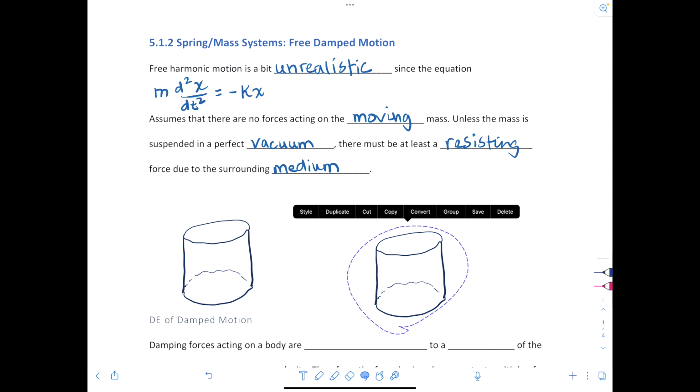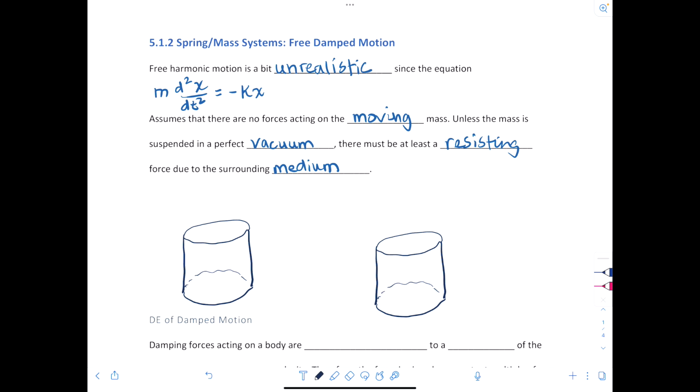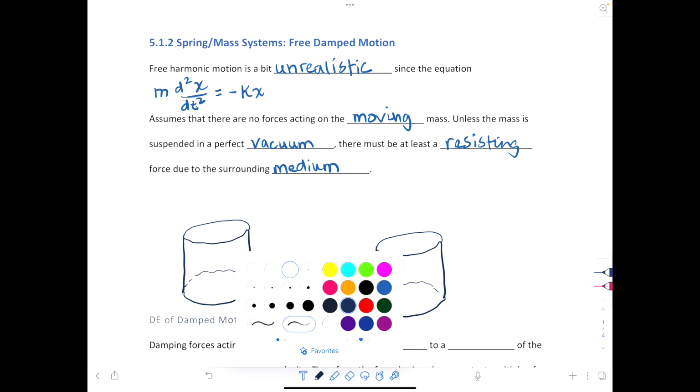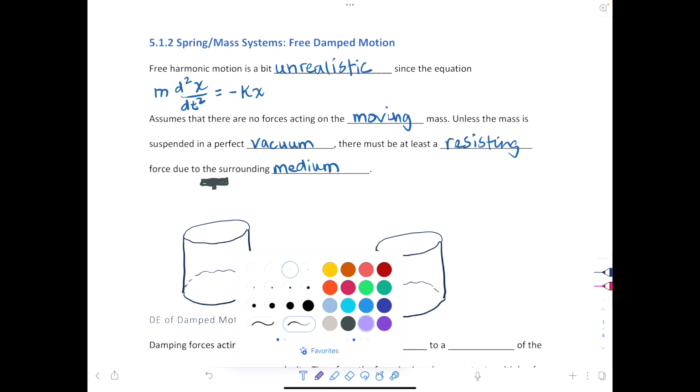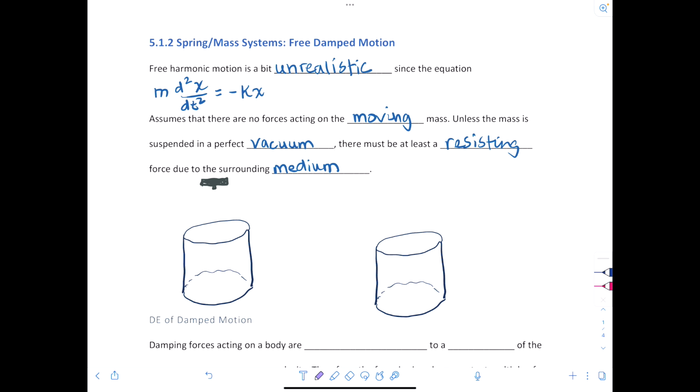The first one has our spring, mounted on something, and then the spring comes into some kind of liquid, a purple liquid.